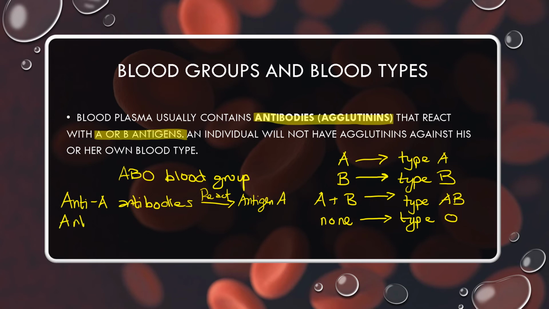And anti-B antibodies in the plasma will react with antigen B on red blood cells. This is a negative reaction.